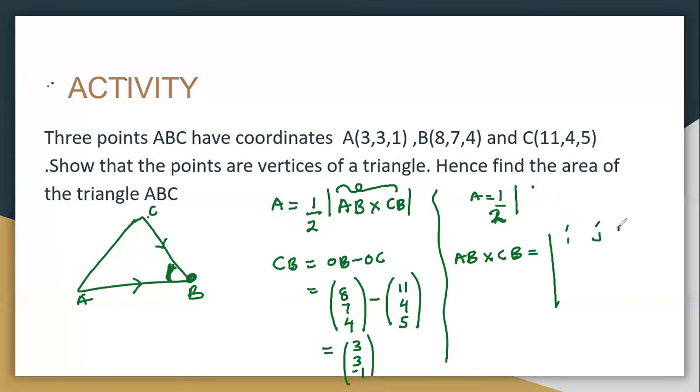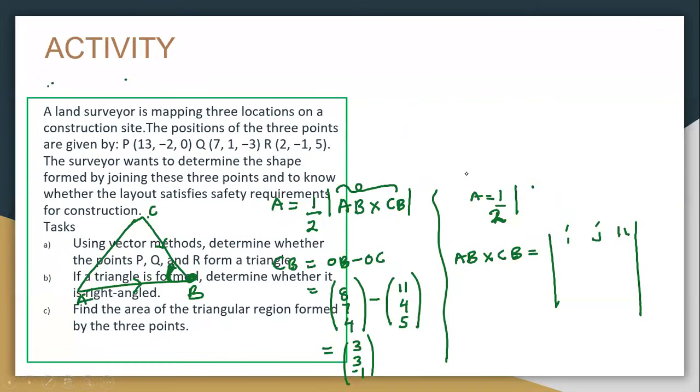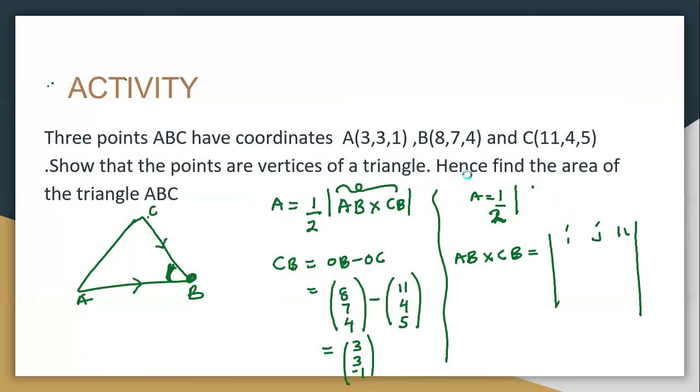What we put in for our AB was 5, 4, 3. Then we also put in the CB: 3, 3, negative 1. So here, just do your calculations and give us the summary.